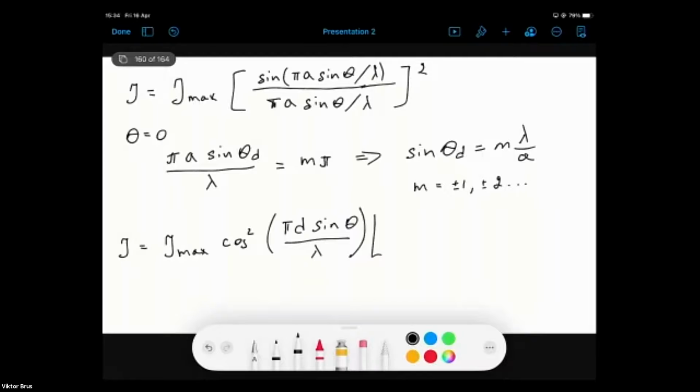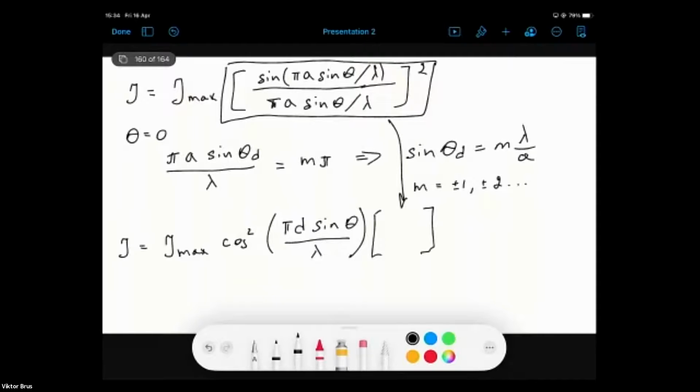Then we multiply this by this part of the equation which describes the light intensity distribution in the diffraction pattern of a single slit.